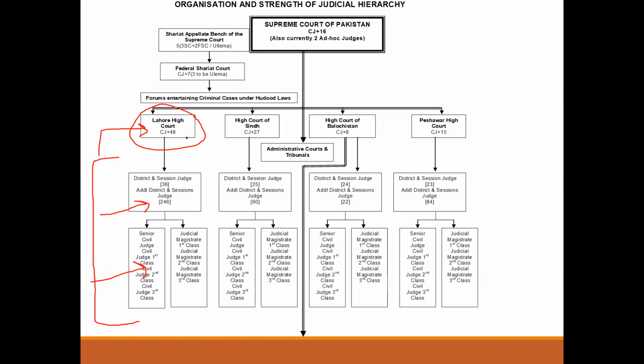But the High Court will only look at the book of trial that was created in the trial court and listen to lawyers from both sides, and then they are going to decide if the decision was correct or not, or was it in accordance with law, or does it have any flaws. And based on that, they are just going to give you a decision.